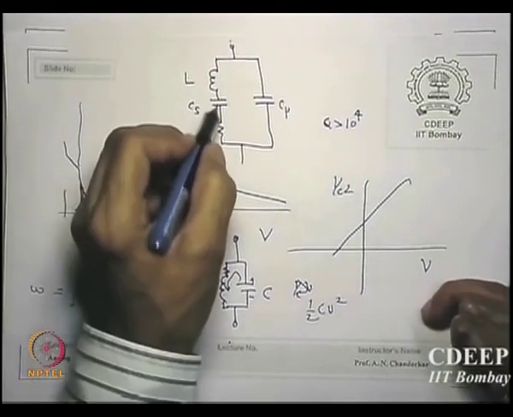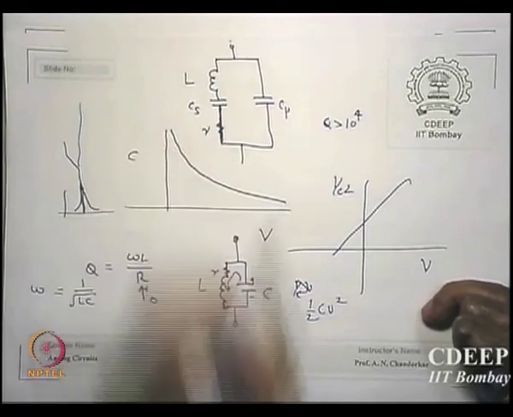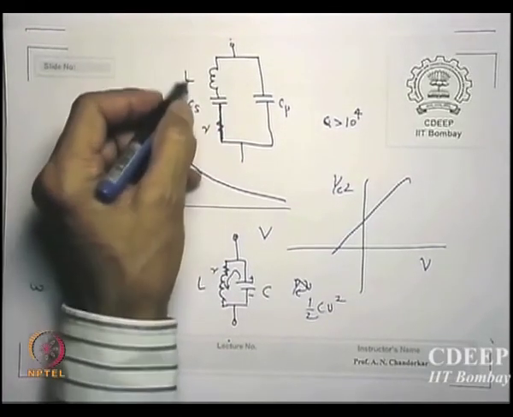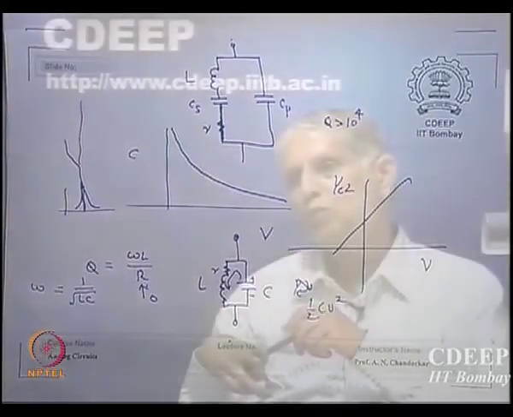So टैंक सर्किट का क्रिस्टल ऑसिलेटर में जो इक्विवेलेंट सर्किट यूज होता है वो ये होता है. L Cs, Ls नहीं कहते क्योंकि वो सीरीज में, L Cs shunted by Cp is the equivalent circuit of a crystal. R is present, but as I said, normally Qs of all quartz crystals are more than 10 to power 4. So R is neglected in all analysis.